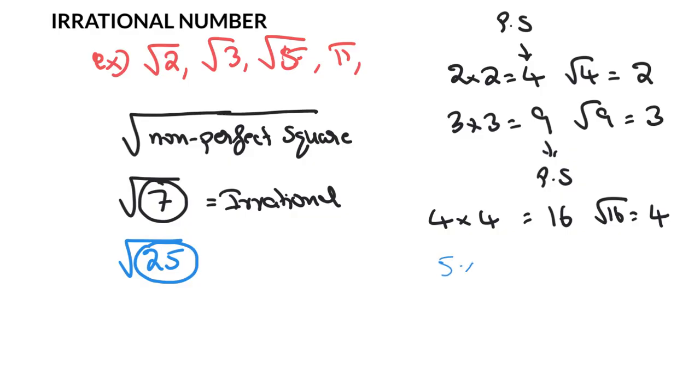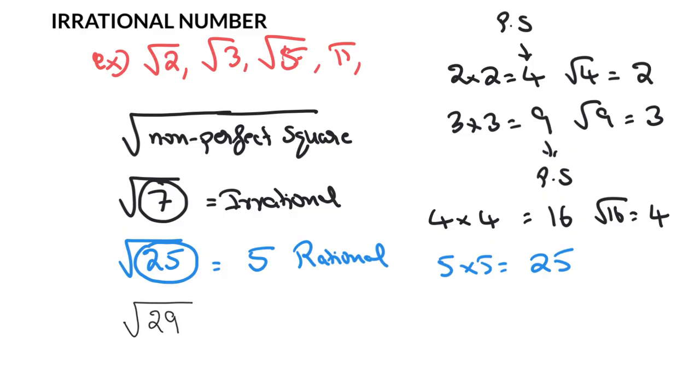Yes, because 5 times 5 is 25. Therefore, square root 25 is nothing but 5, which is a rational number. Understand? Okay, think now. Square root of 29. Rational or irrational? Ask yourself the question, is 29 a perfect square? No. Therefore, square root 29 is an irrational number. Get the idea? Clear?